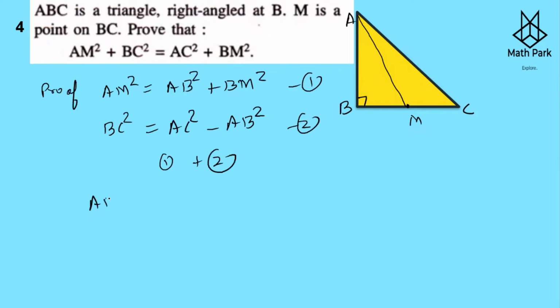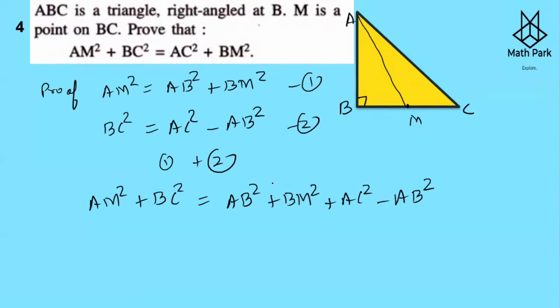You get AM square plus BC square is equal to AB square plus BM square plus AC square minus AB square. And AB square minus AB square got cut, and we are left with AC square plus BM square. Thus we get AM square plus BC square is equal to AC square plus BM square, hence proved.